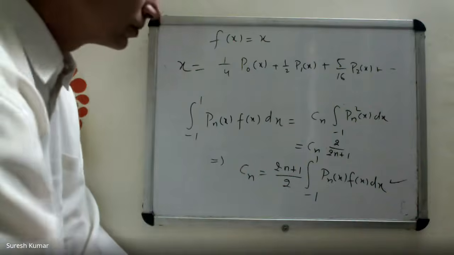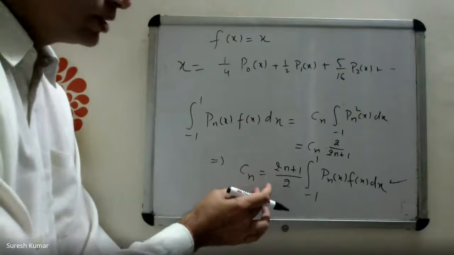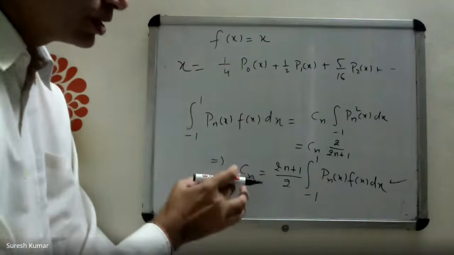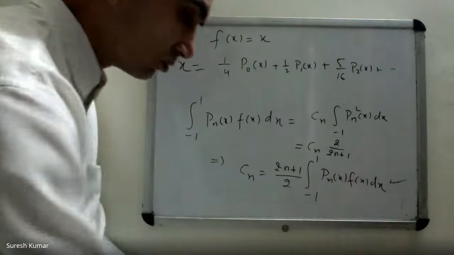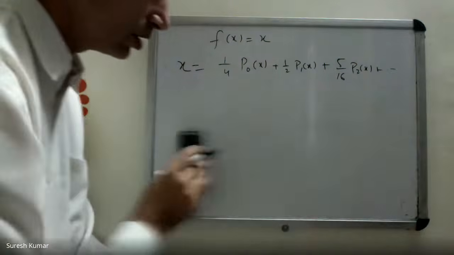Okay. So the point is that you can write a function in the form of Legendre series and the constants are to be obtained using this formula. Okay, it's a simple point. You can do this kind of problems easily.